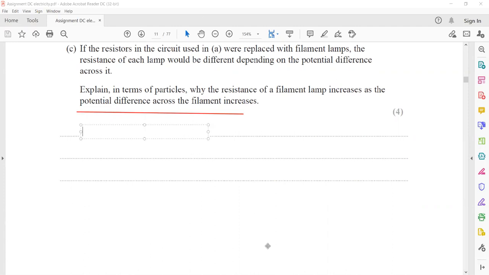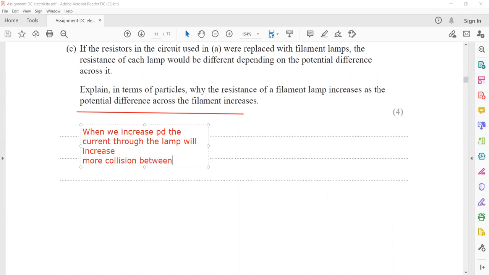So basically, as we increase the potential, the current will increase, and as the current through a lamp increases, there will be more collisions between electrons and lattice, or the ions present, and the ions will move faster, vibrate faster, and current has a heating effect.